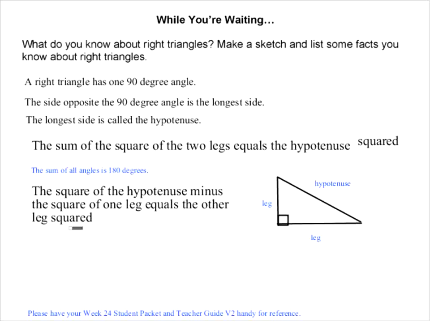The sum of all angles is 180 degrees. That's actually true of all triangles, so it's certainly true for right triangles as well. The square of the hypotenuse minus the square of one leg equals the other leg squared. Again, we will explore that as well.